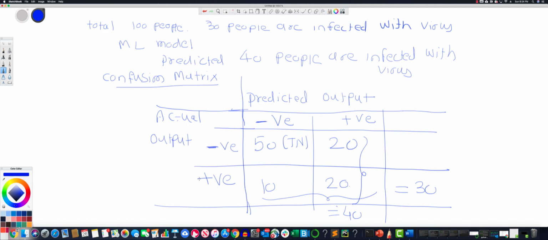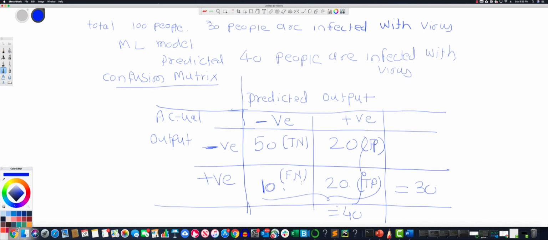We have 20 such cases, and these are called true positives. Cases where our model says the person is infected, but in reality the person is not, are called false positives. We have 20 such cases. And where our model says the person is not infected, but in reality they are, we have 10 such cases, and this is called a false negative.